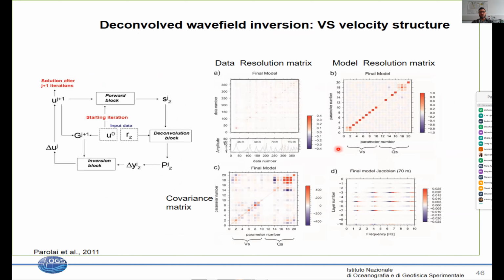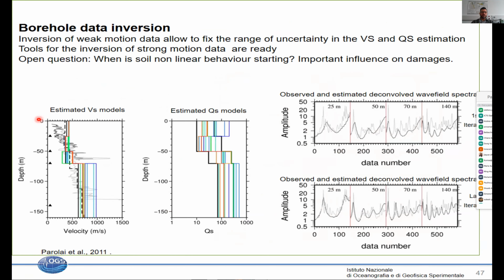It can be used also in a little bit more complicated inversion procedure, where you can aim at retrieving both the shear wave velocity profile in the underground and the quality factor. So we simply inverted this. These are troughs that have been inverted and become peaks. So you see at the end, your model can fit quite well the observations that are in gray, with the black line being the obtained model.